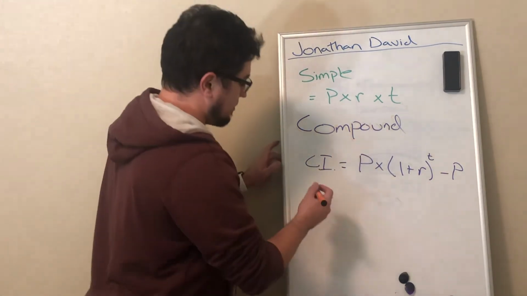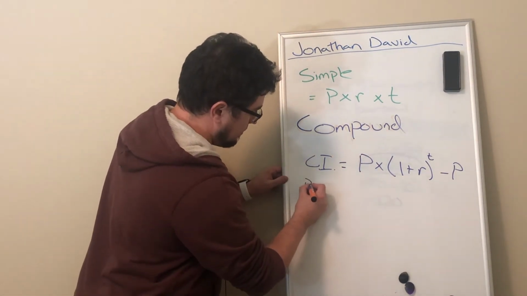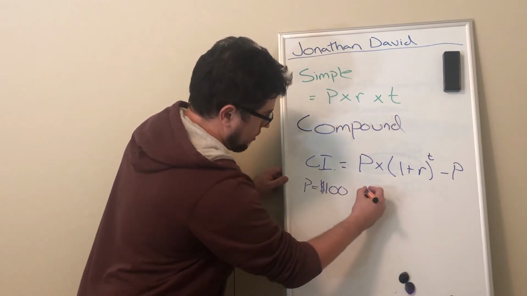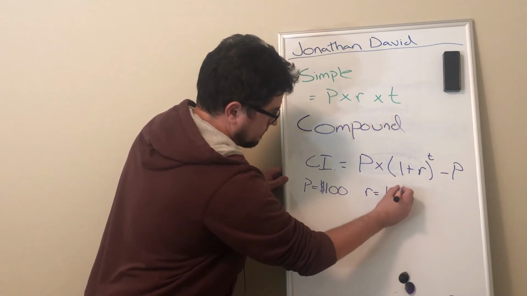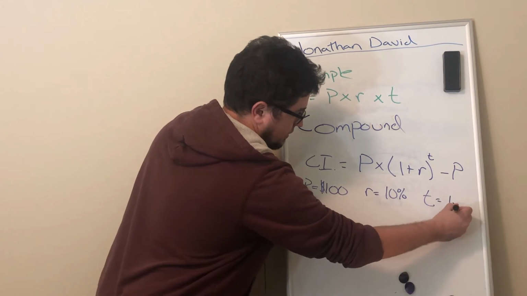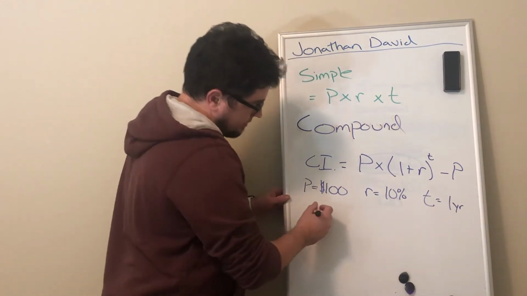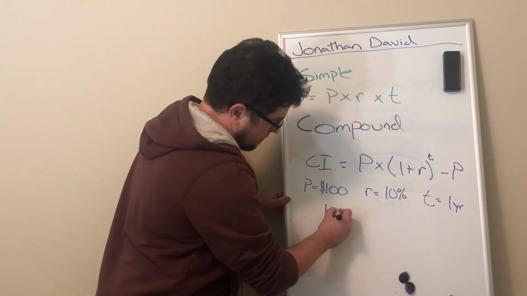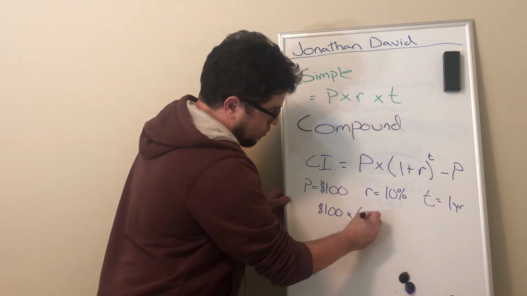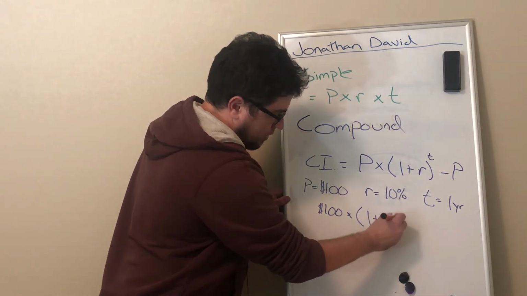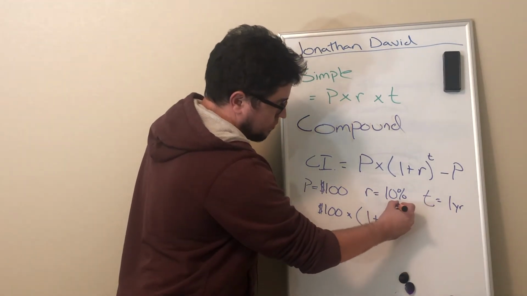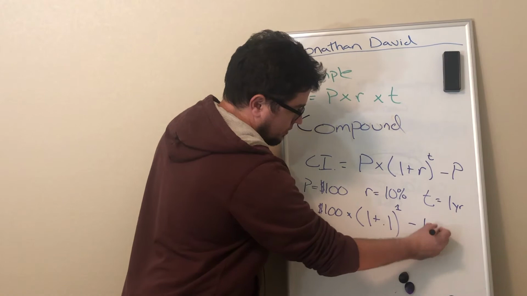So if we do that same example, say you have P equal to 100, R equal to 10%, and T equal to 1 year. What we find is that we're going to have 100, I always like carrying my units, times 1 plus 0.1, because remember 0.1 is the same as 10%, raised to the T, which is 1, minus 100.